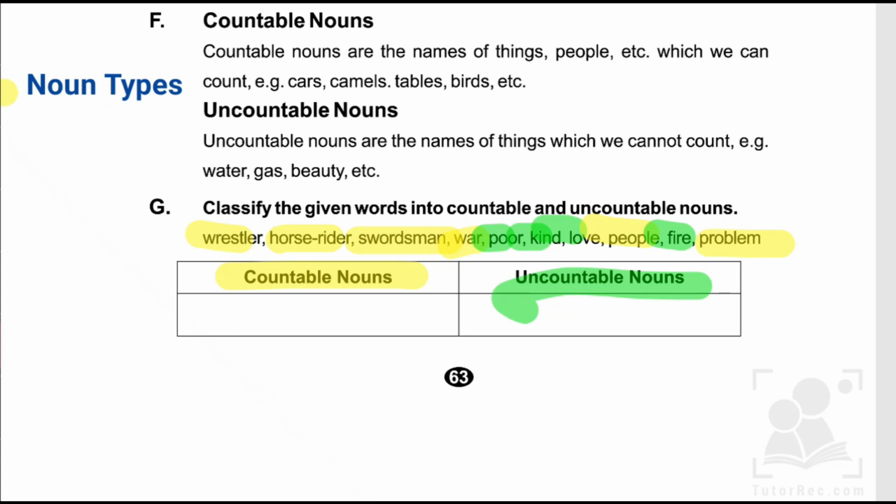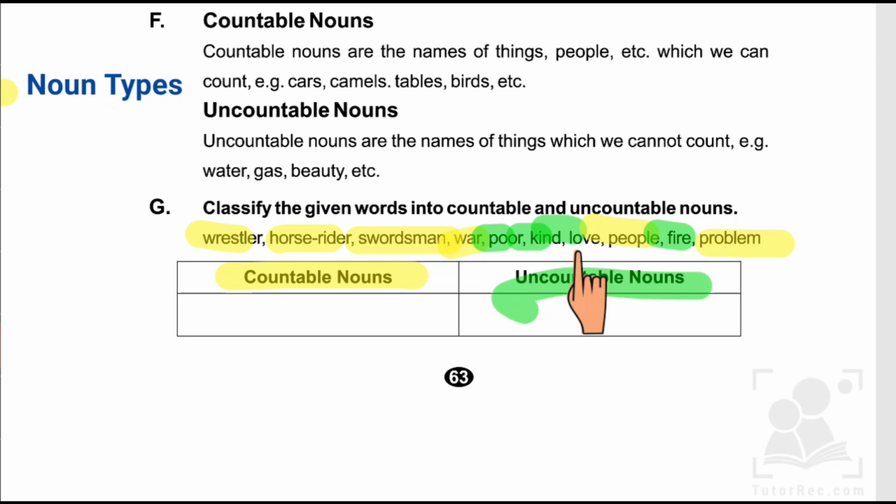So, in this way we have learned that all the yellow colors show all the words or the nouns that are countable, such as wrestler, horse rider, swordsman, war, people, and problem. Whereas the rest of the nouns show quality or an adjective.